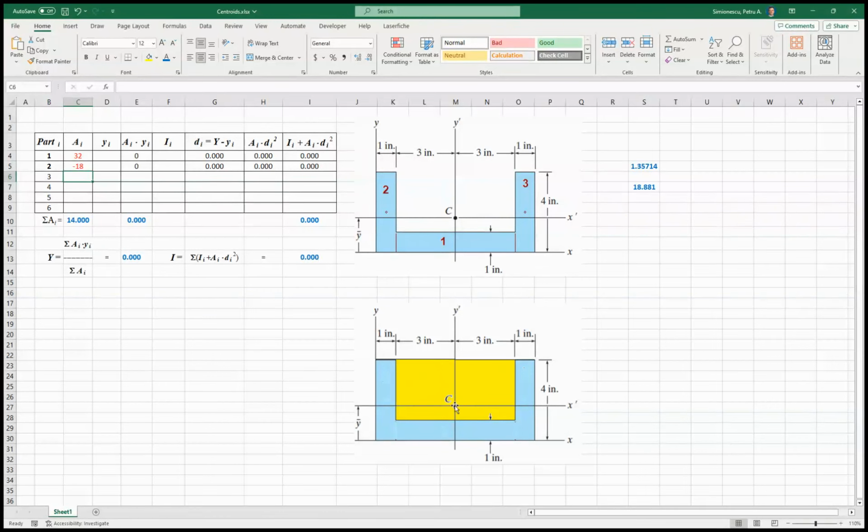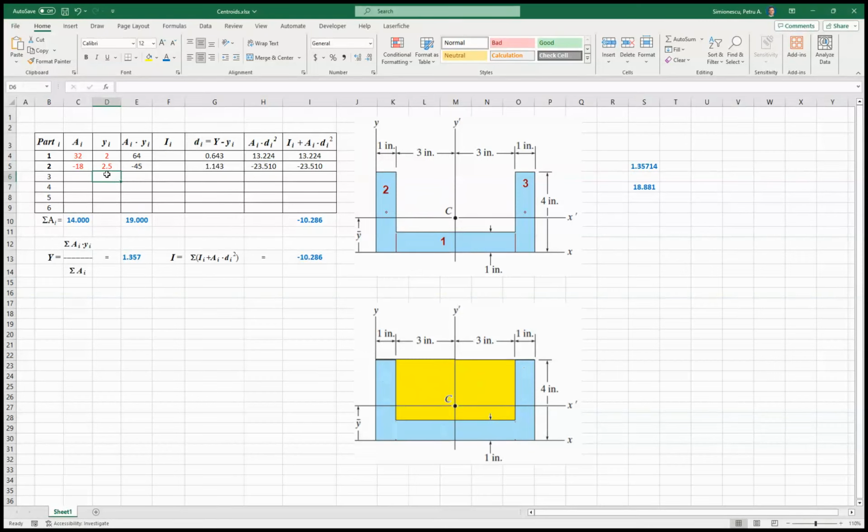The centroid about the x-axis of the full blue piece is going to be 4 divided by 2, so 2. For the yellow rectangle, I have 1 plus 3 divided by 2. The centroid of the yellow piece is at an elevation of 1 plus half of this distance, which is 3.